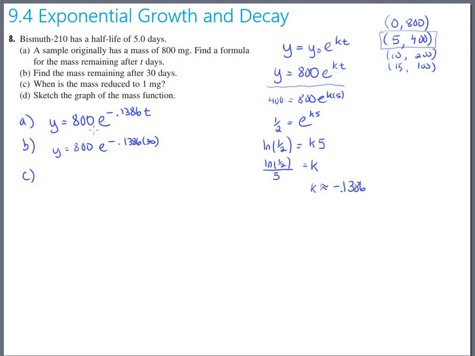For C, when is the mass reduced to 1? Now this time we're solving for time. It says when is it reduced to 1? Again, process is pretty similar to what we just did over here. Want to divide both sides by 800 to start. Take the natural log of both sides.